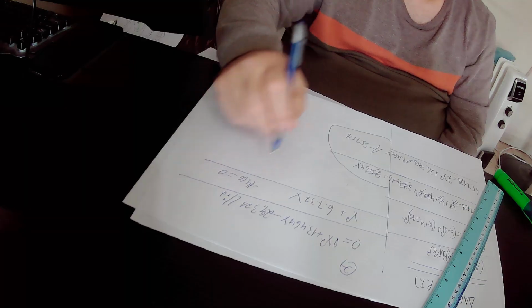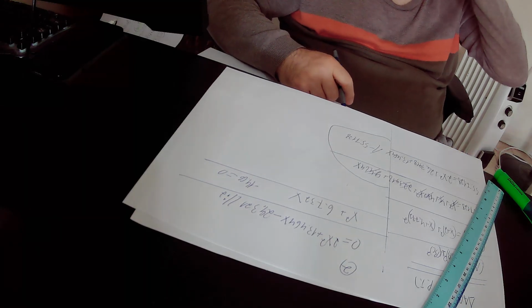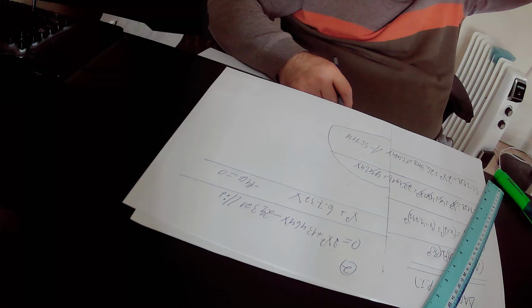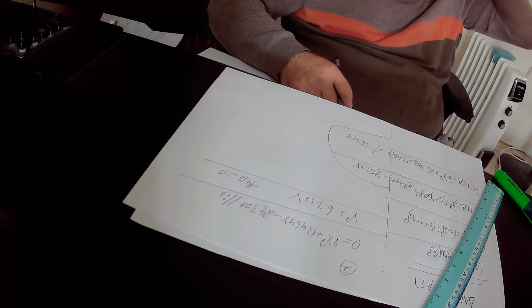In conclusion, we found out that x squared plus 6.732x minus 14.66 equals 0.